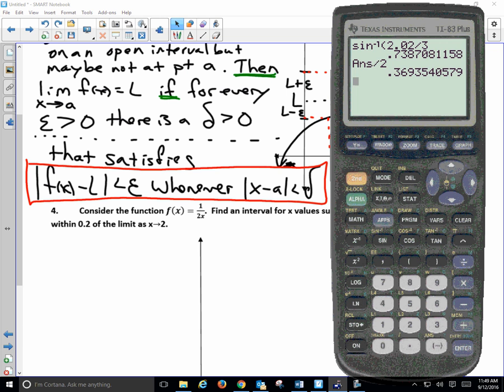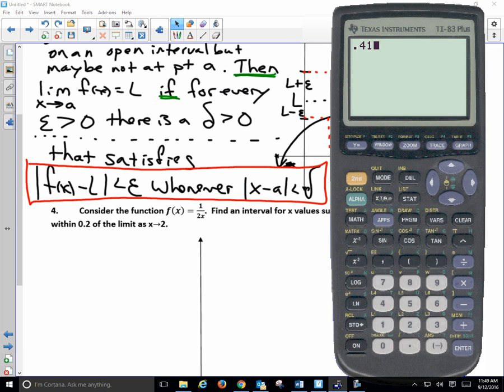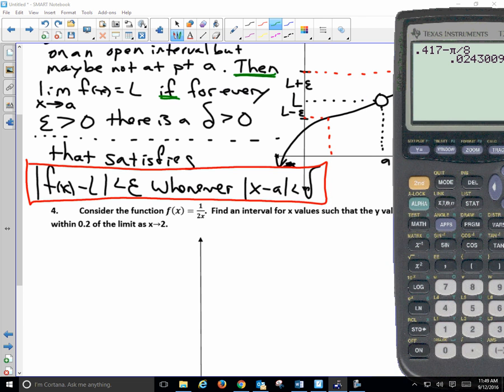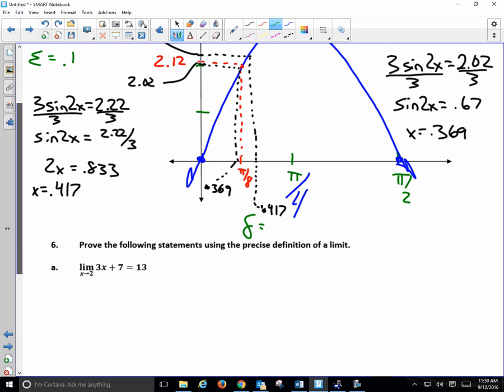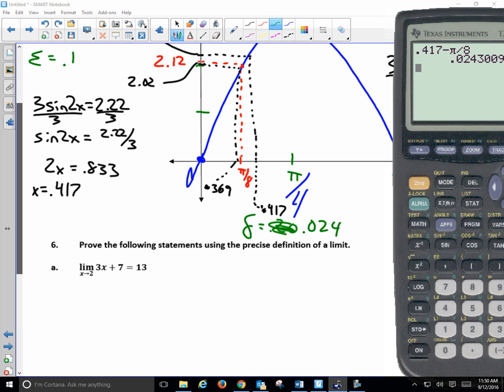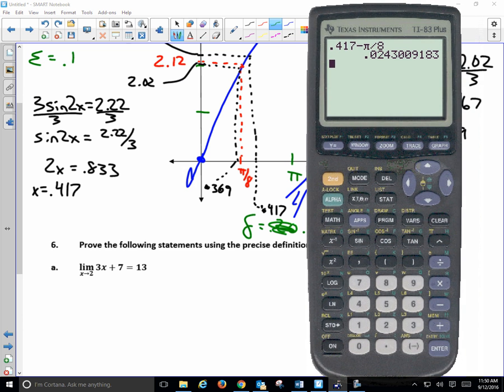What is our largest x value? 0.417. And we will subtract pi divided by 8. And I get 0.024. And then if you do the same thing, you take x, which is 0.369, and you subtract pi over 8, you notice you get a negative.